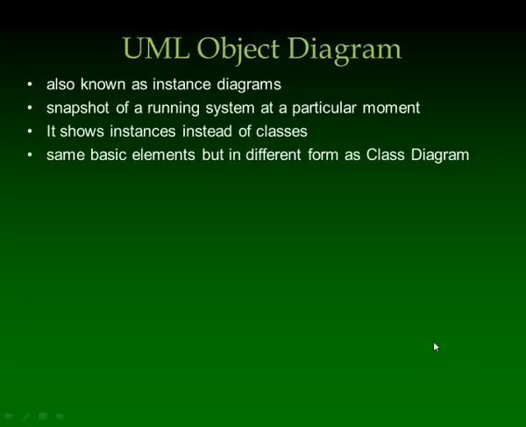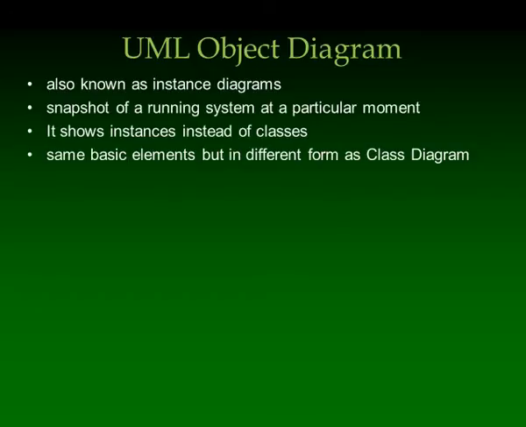So object diagrams represent an instance of a class diagram, so they are known as instance diagrams. Object diagrams can be viewed as a snapshot of a running system at a particular moment. So it shows instances instead of classes. Our class diagrams show classes; here we show instances, but otherwise it looks very similar to class diagrams.